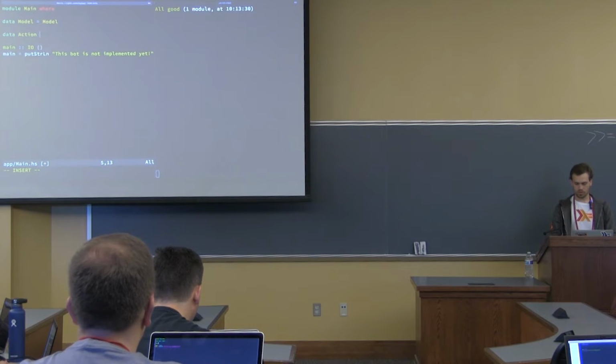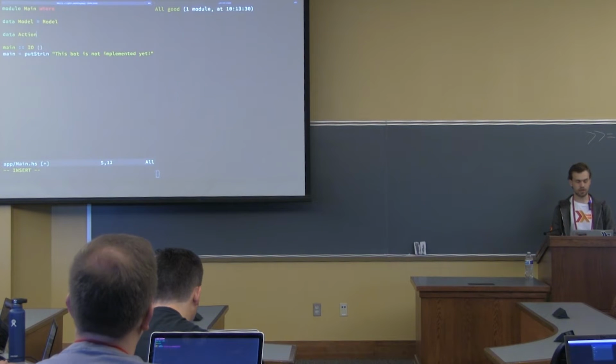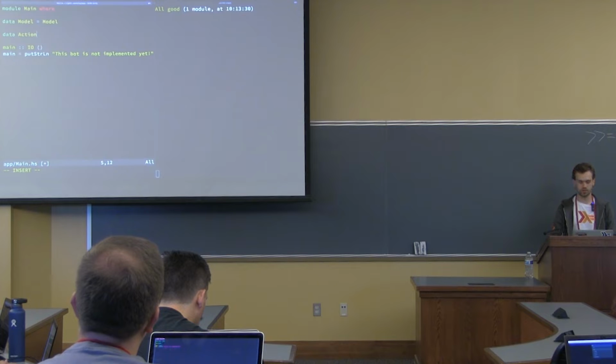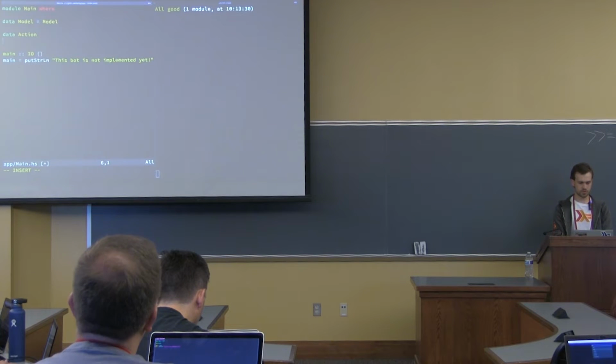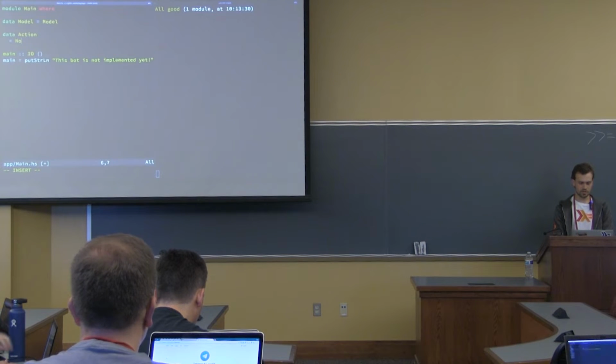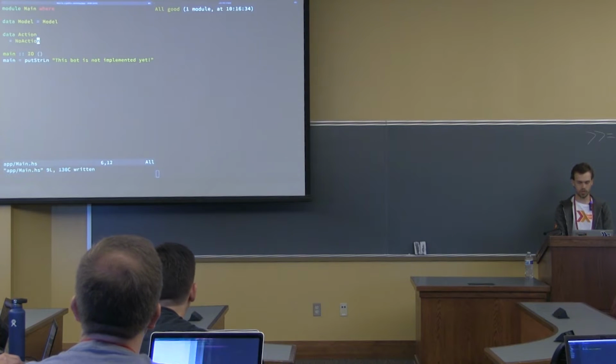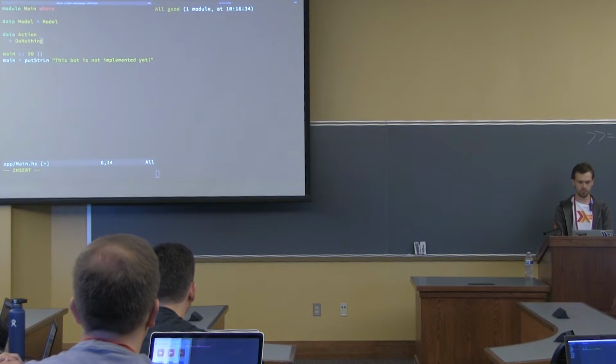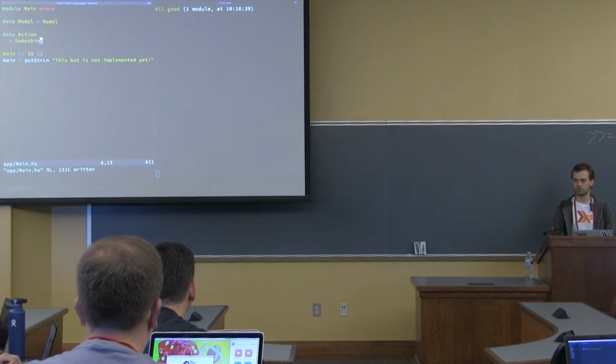Okay, so I think the simplest action type is where you have no actions at all, like an empty declaration. But maybe for the sake of simpler understanding, let's have just a special action that does nothing, NoAction, or DoNothing. You can name it as you want. Okay, so that will be our model and our action.